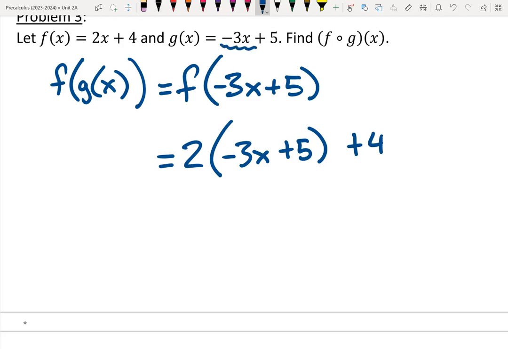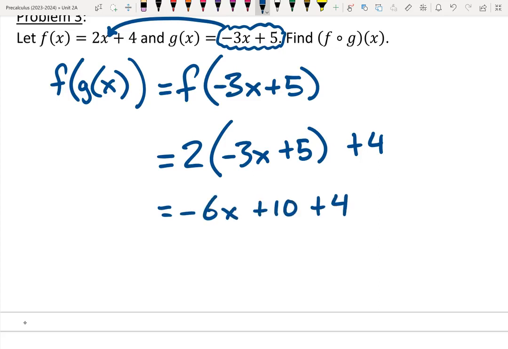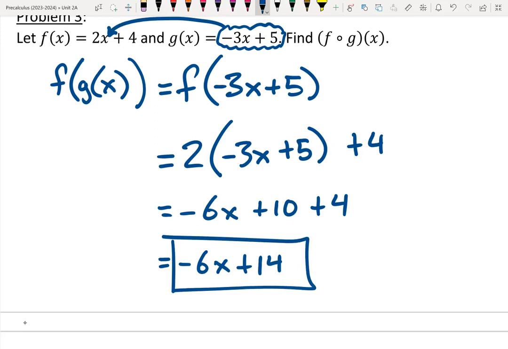So all of g got plugged in to x. Now we can simplify that. Nothing complicated. Negative 6x plus 10 plus 4. And as I saw in a lot of your guys' papers, final result of negative 6x plus 14. All right, any questions on that?